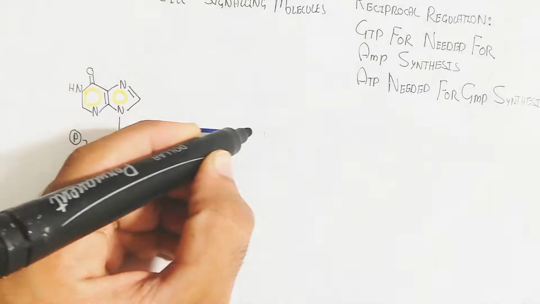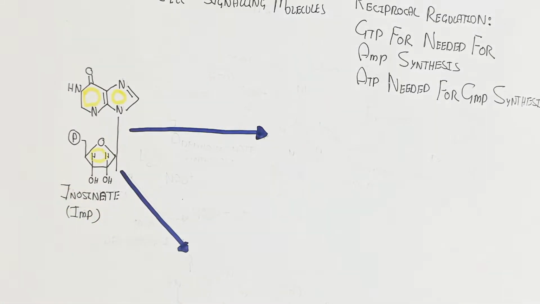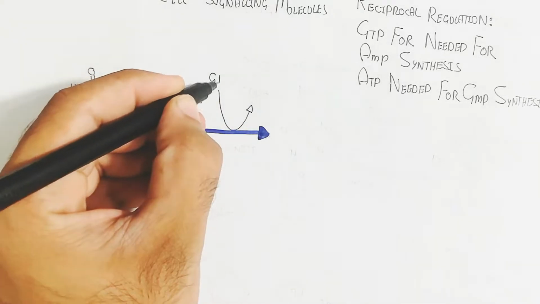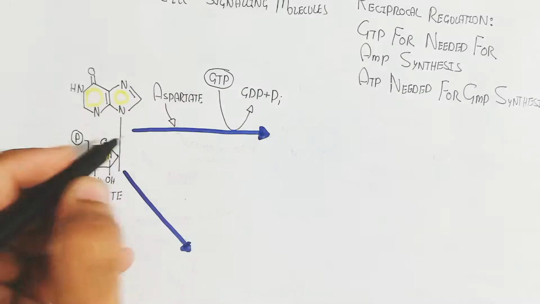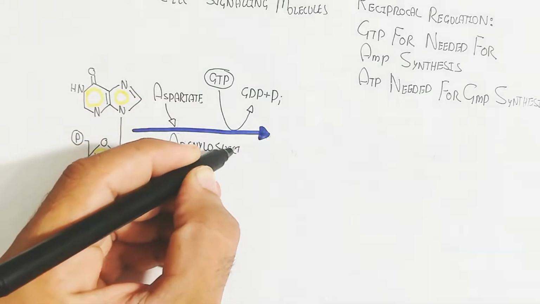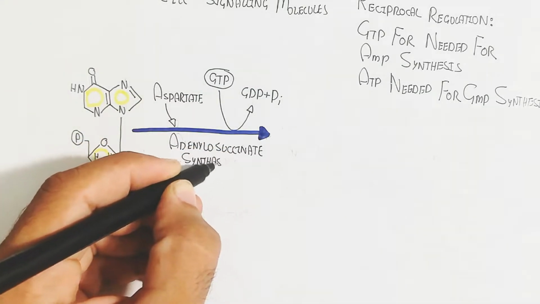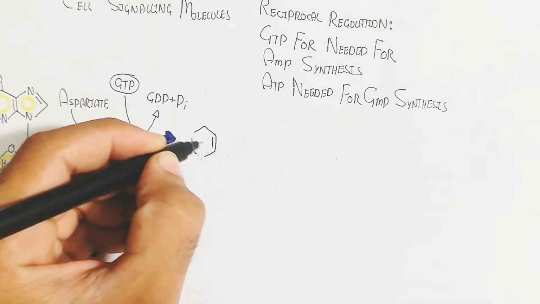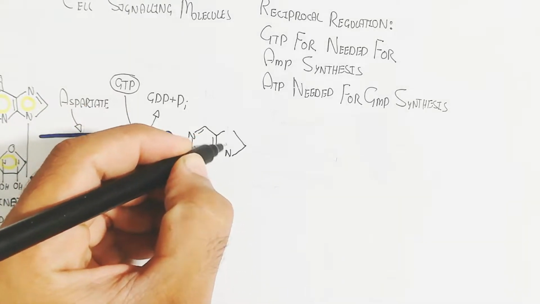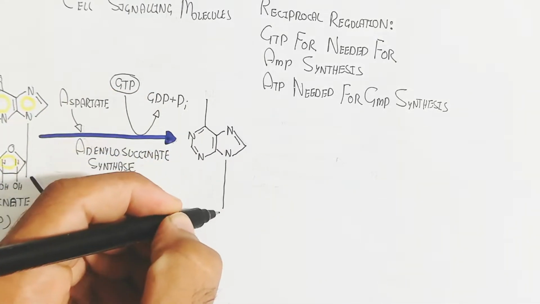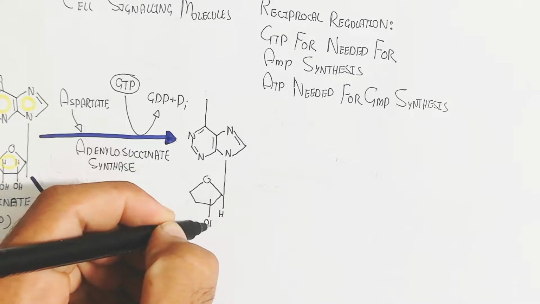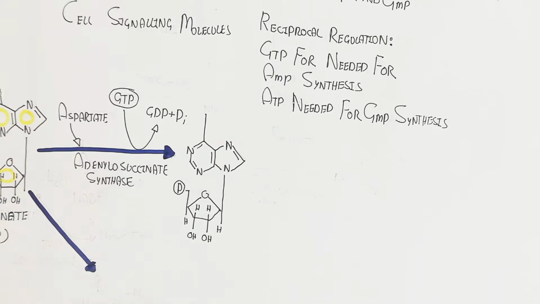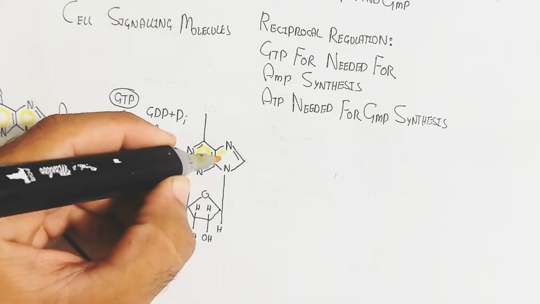The further pathway is of two types. First we will discuss one, and later on we will discuss the other path. Here aspartate enters, and the enzyme adenylosuccinate synthase is used, and GTP is used to produce GDP, with an inorganic phosphate group released.